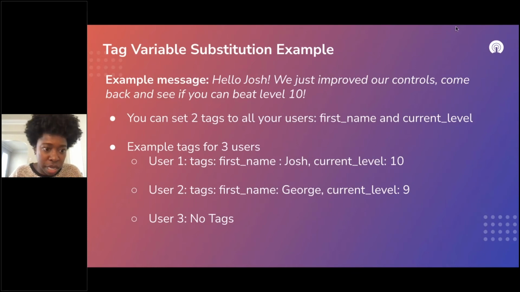As you can see here, I listed example tags for 3 separate users. User 1, their first name tag is Josh, and their current level is 10. For user 2, their first name tag is George, and their current level is 9. And for user 3, there are actually no data tags on this individual.